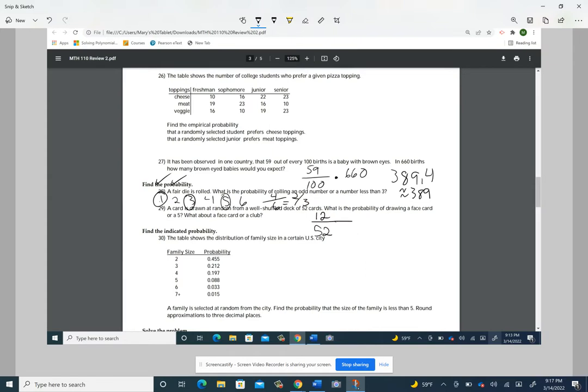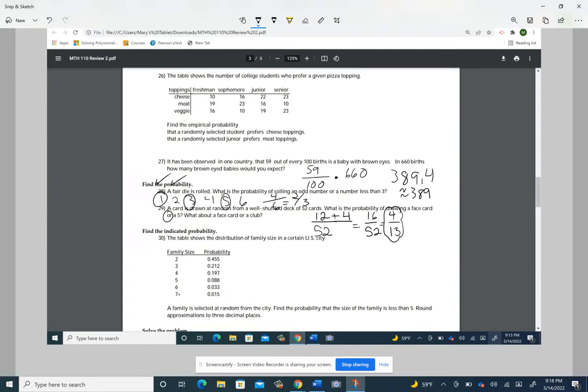And since it says or a 5, I could think about how, and there's 4 5s. Okay, so that would give me 16 out of 52. And when I simplify that, let's see. All right, 4 goes into 16. 4 times 4 goes into 52, 13 times. So that would be the answer to the first question, drawing a face card or a 5. Either a face card, you could be a face card, you could be a 5, or you could be both.